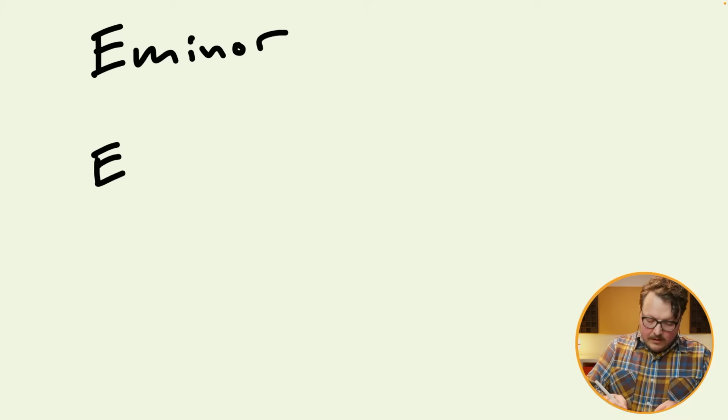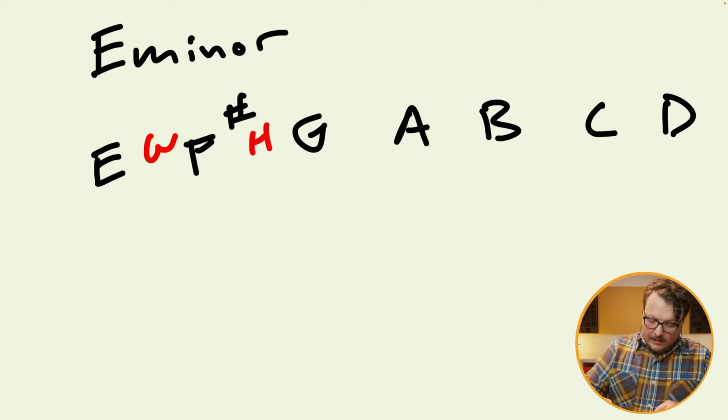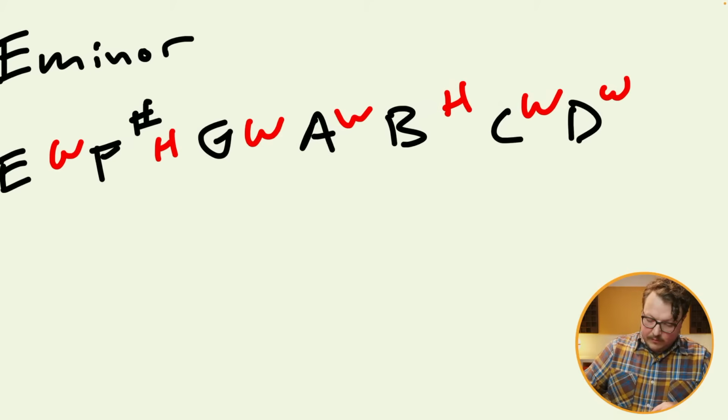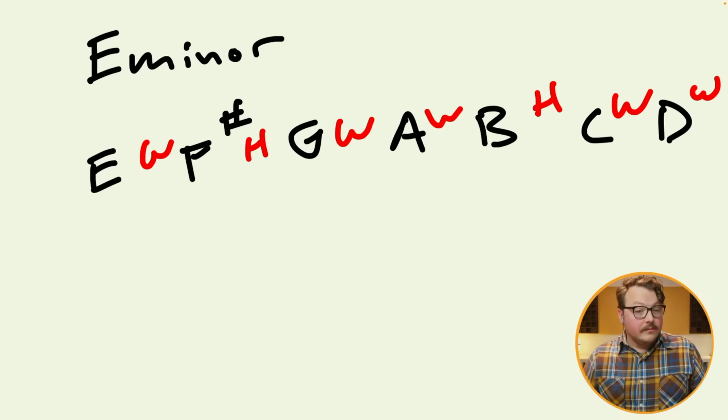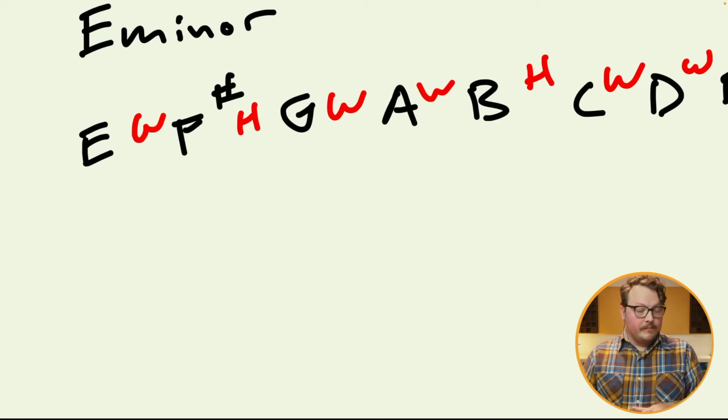So we have E, F sharp, G, A, B, C, D. And we got whole, half, whole, half, whole, if we were gonna end up on E over here. This is an E minor scale, and all the chords in the key of E minor just come from the scale.